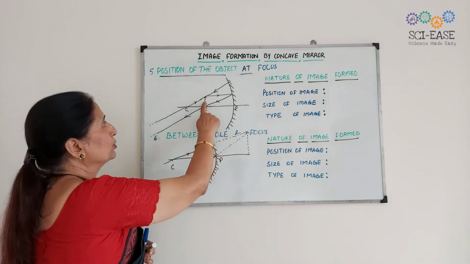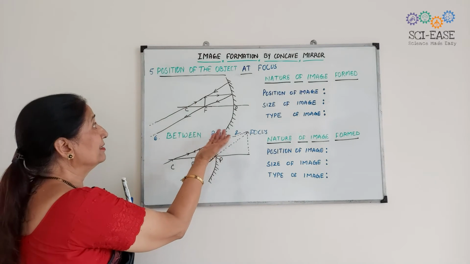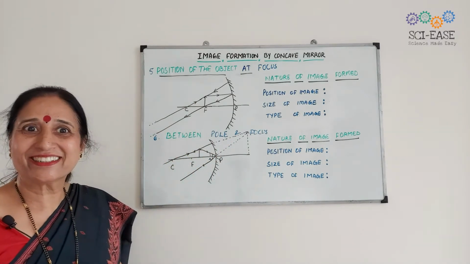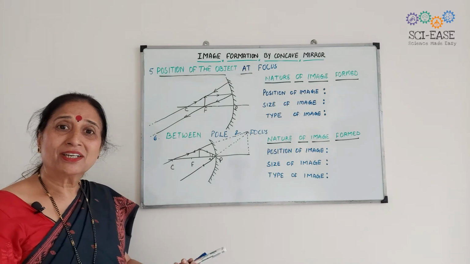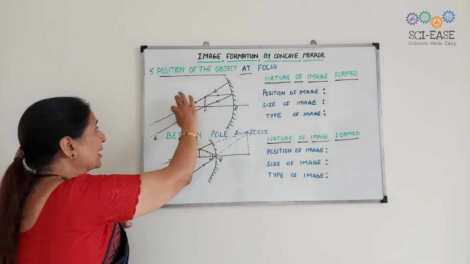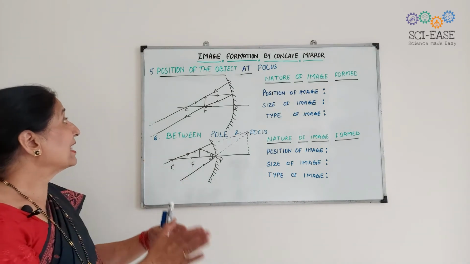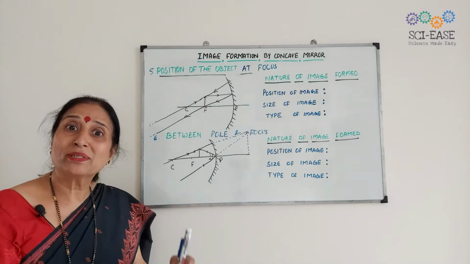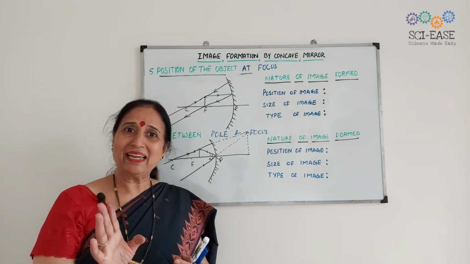Where the two rays cross, but here they are parallel to each other. So, where the image is formed, these two rays are going parallel to each other. This means that the image is formed at infinity. Have you noticed one thing?